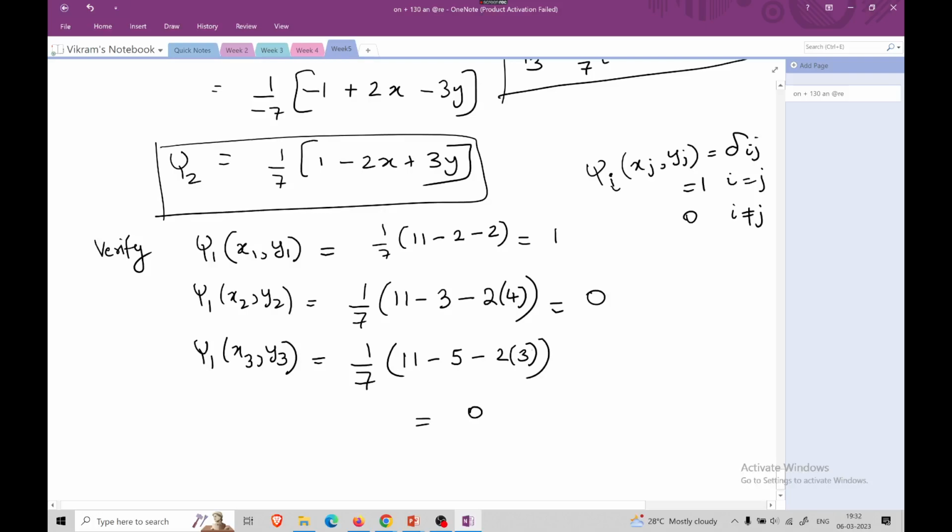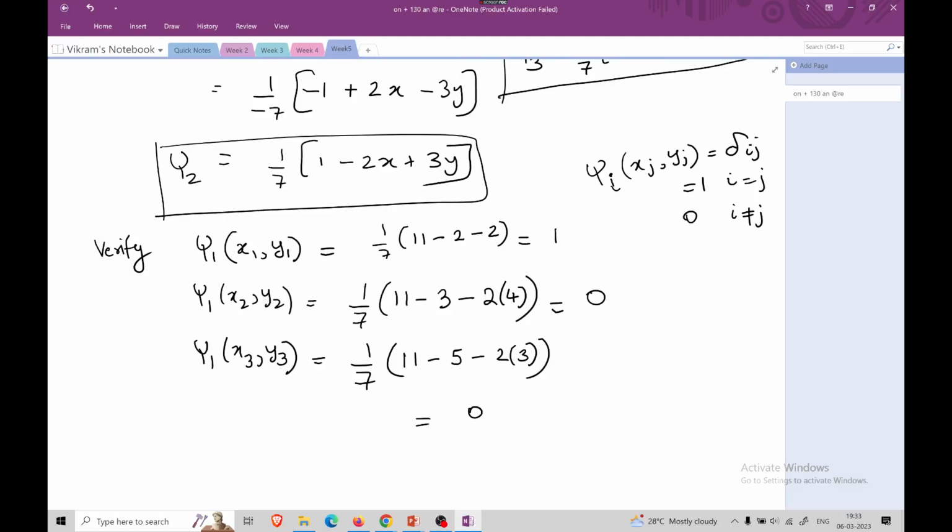So minus 5 minus 6 will be minus 11, minus 11 plus 11 is 0. You can check for psi 2 and psi 3 also, this will be true. So we checked for psi 1. So these are the interpolation functions for the triangular elements. We got 3 interpolation functions corresponding to the 3 nodes of the triangle.